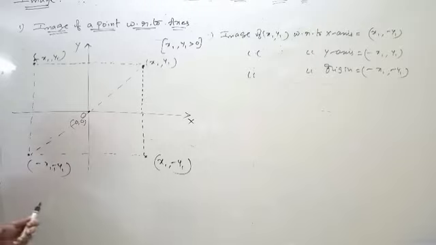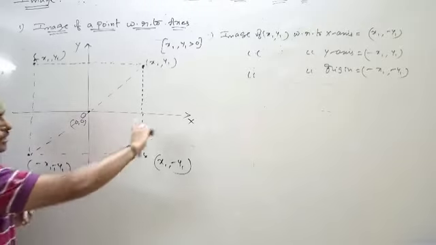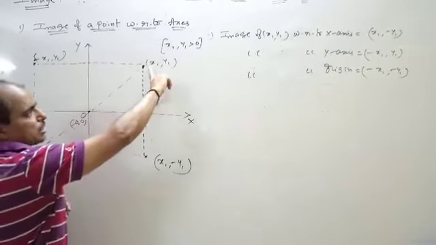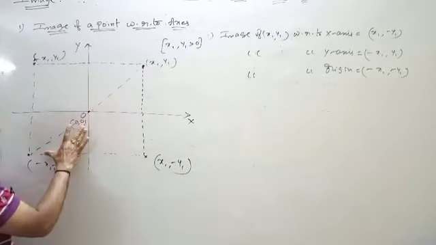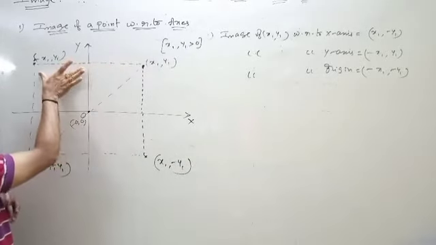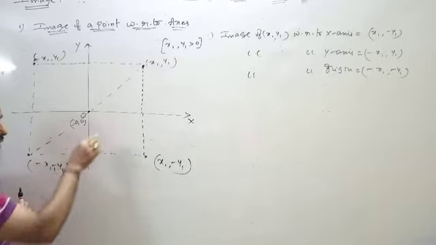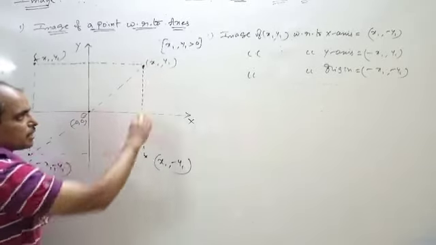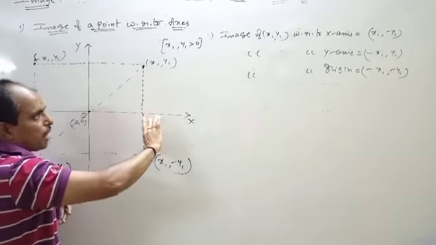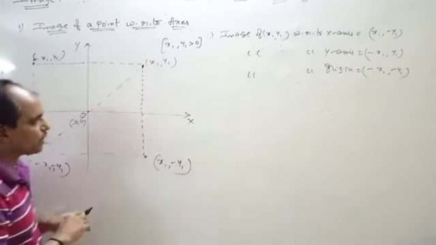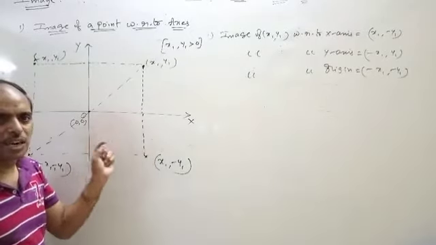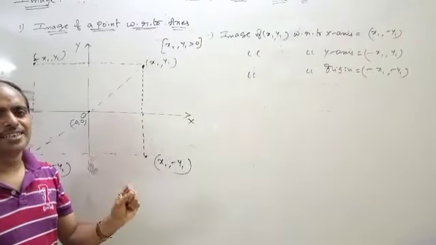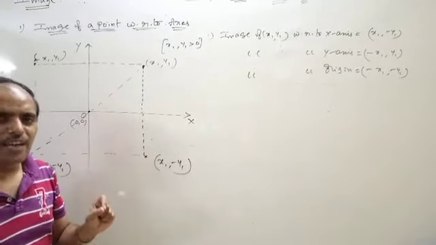But what we have to observe is very important. This distance is equal to this distance, and this one is equal to this one. The line here has equal distance, and this line is perpendicular to this one. This is called the perpendicular bisector.